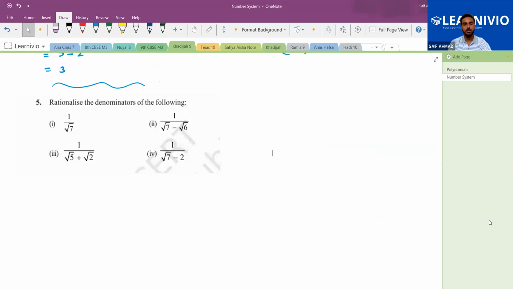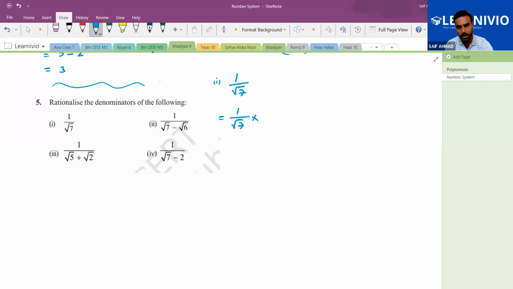See this question. We have to rationalize the denominators of the following. How do you rationalize? Rationalize means you have to make the denominator rational. So how can you make it rational?